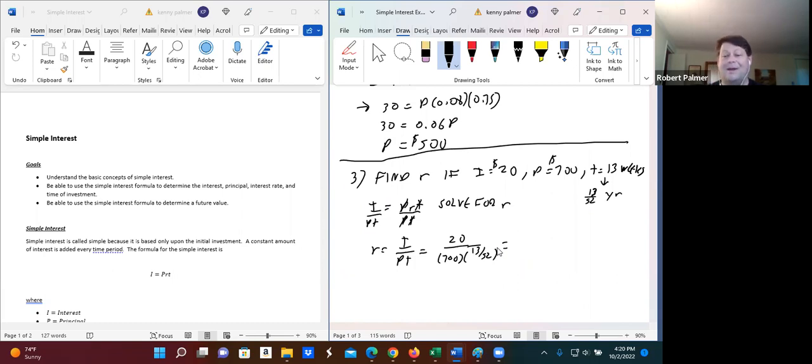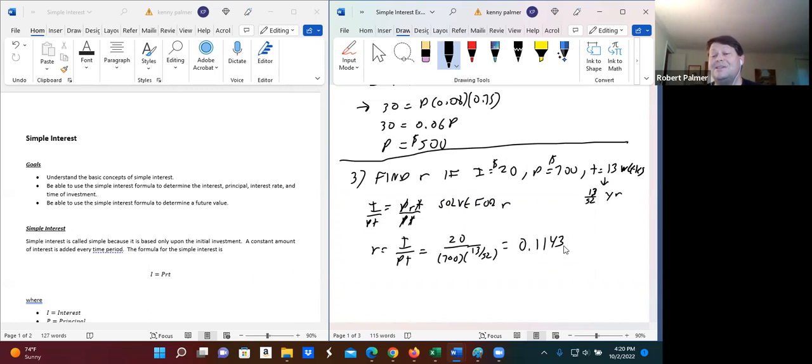Okay, I got, and I'm going to have to round this off a bit, 0 point, and I'll just go to 4 decimal places at first. So 0.1143.